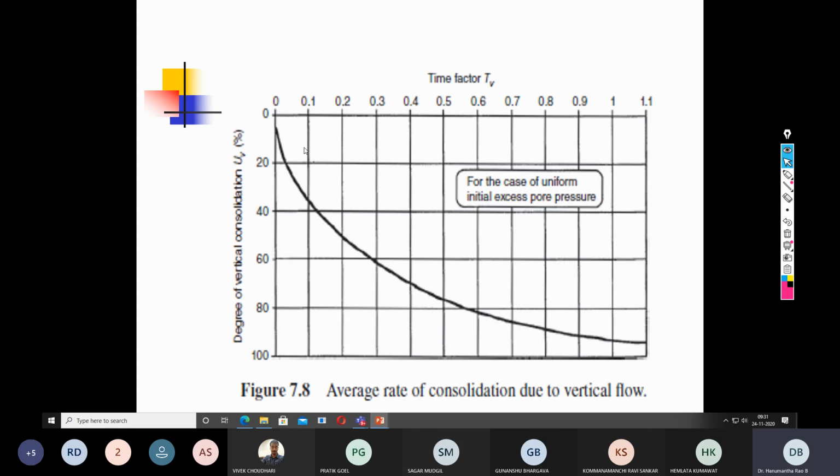Alternatively, you can use this predefined chart: if the time factor is calculated, you can pick the degree of consolidation in the vertical direction, or if I know the degree of consolidation, I can pick the value of the time factor, Tv.